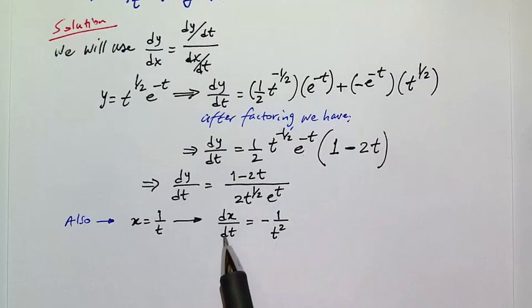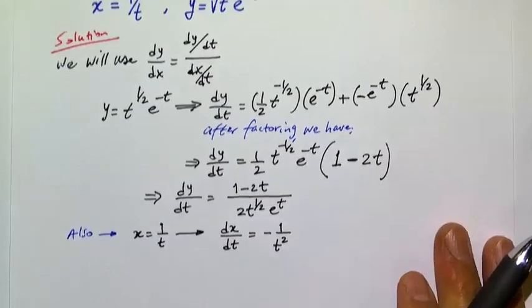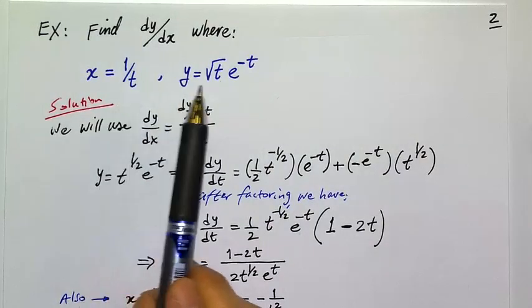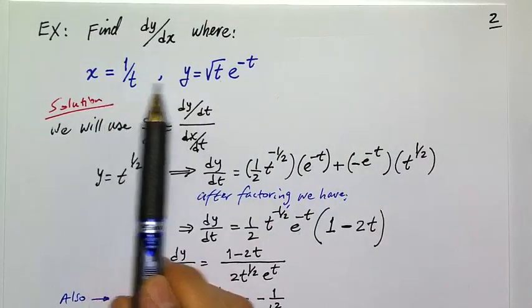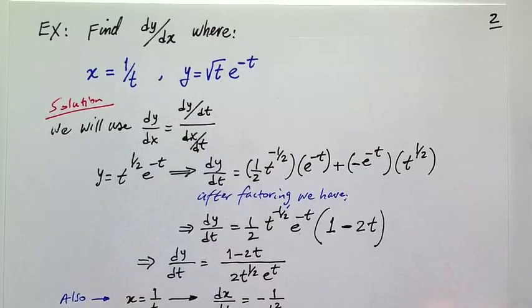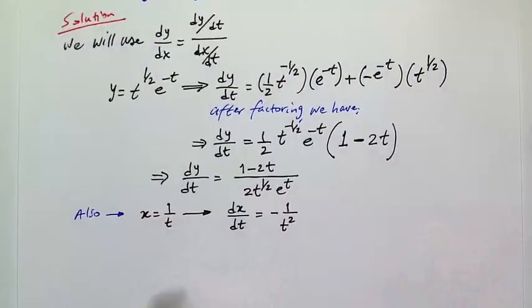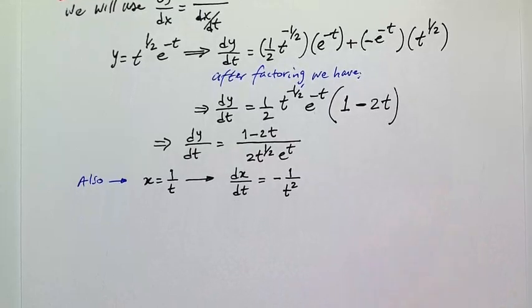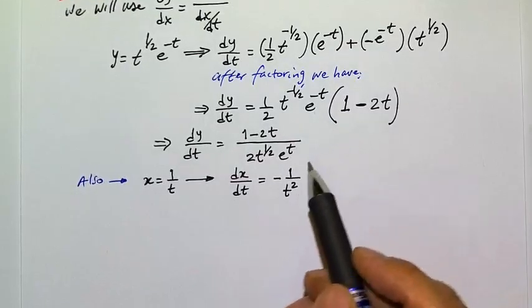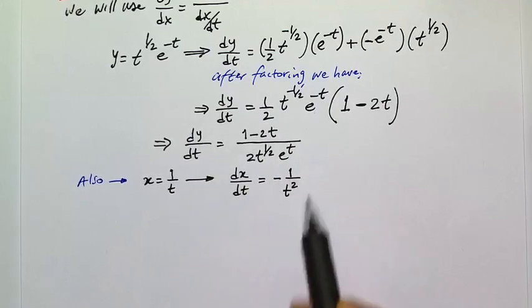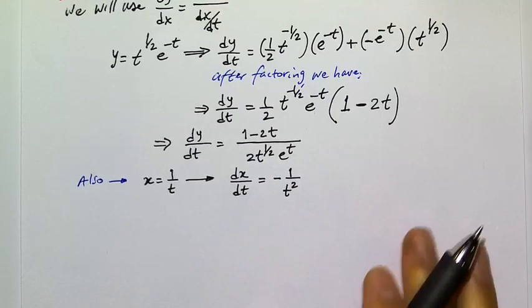All right, so now we can calculate the slope of the line that we have given in parametric equation form. So this is just one line given to us in parametric form. Okay, so to do that, all we have to do is divide this expression, which is dy/dt, by this expression, which is dx/dt.